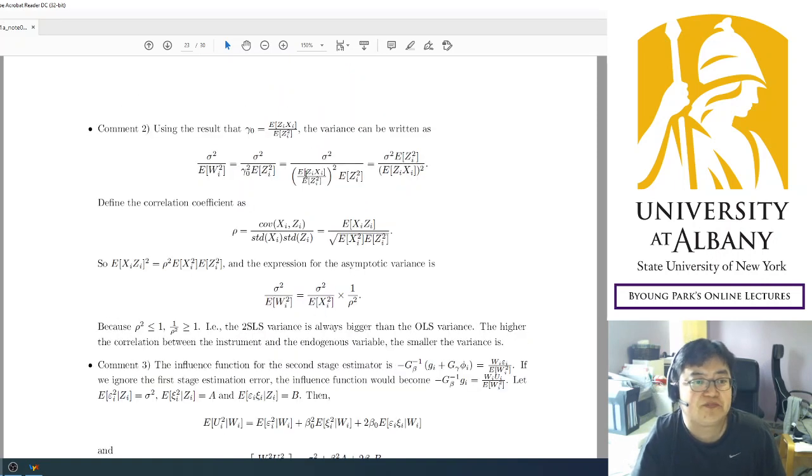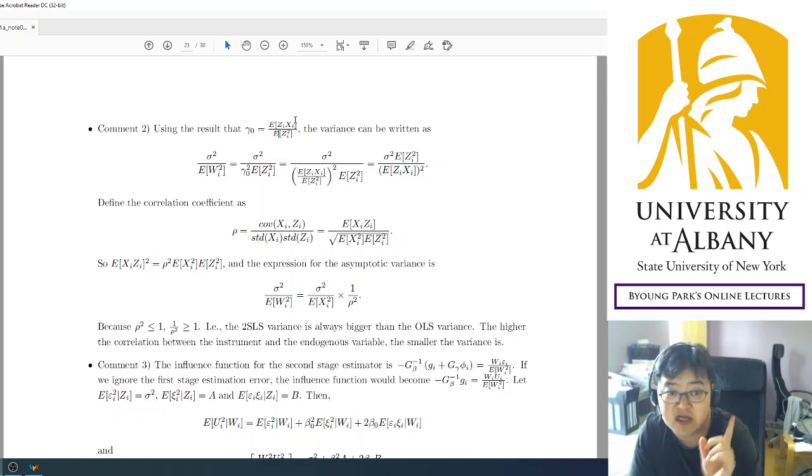And second, now gamma can be written in this way. The numerator is covariance, denominator is variance. So the OLS coefficient gamma can be written in this way when you have a single regressor. And also think about the correlation coefficient between x and z.